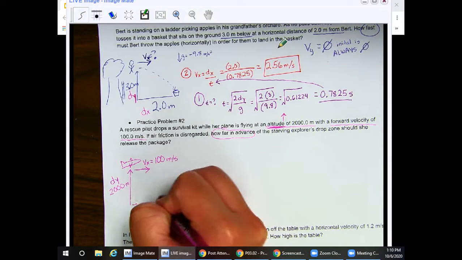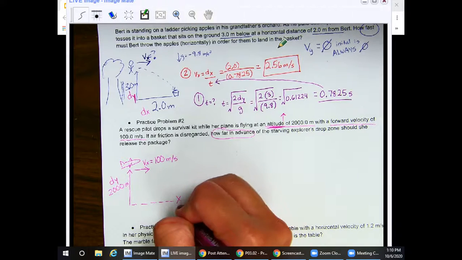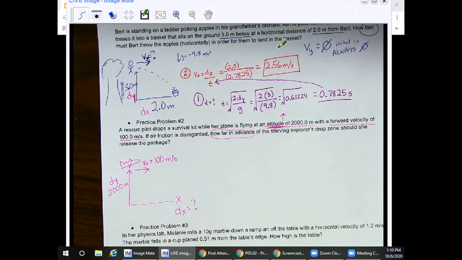So we're looking for this value. We want to know where that's at. That's our dx. So you don't have to draw pictures for every single problem, but if you are a visual person and you need to see what's going on, draw the pictures. I personally am a visual person, so I still draw pictures for everything. Let's go look at our formulas.